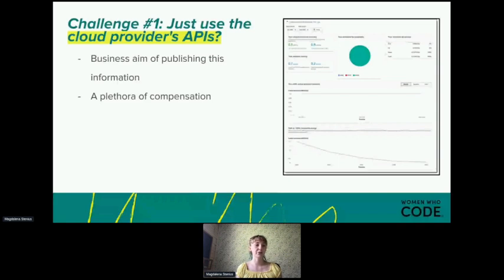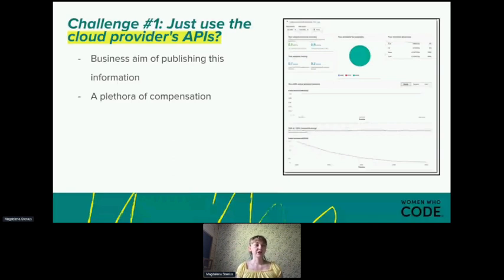For example, AWS just published their carbon footprint tool, which is also in this picture here. Basically, if you are using cloud compute from AWS, you can go to your billing console and see the carbon footprint of your compute and storage that has been run on AWS.